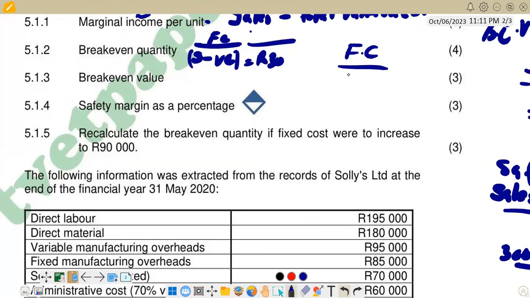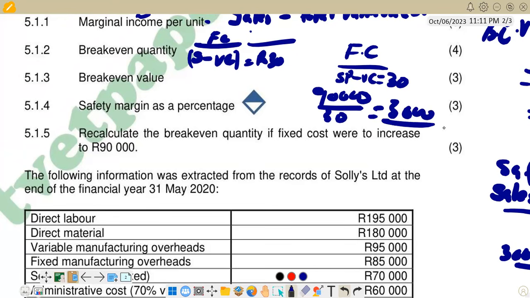This is not changing; we found it as 30 that time. So our denominator is not changing. What is changing is our numerator, which is now 90,000. Then we divide by 30, and you get 3,000. So 3,000 units is the new break-even point.